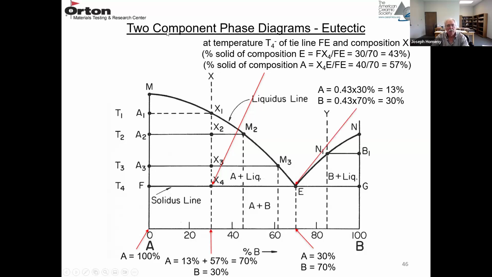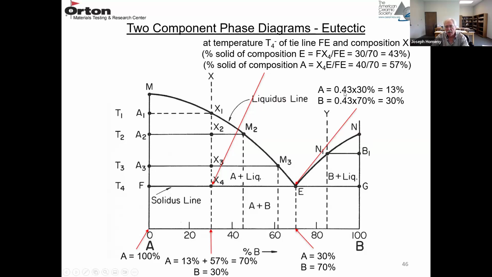So we have these two calculations, and we're at point E where we have this crystal that's forming, which is two crystals actually, A at 30% and B at 70%. And we know that E is 43%.